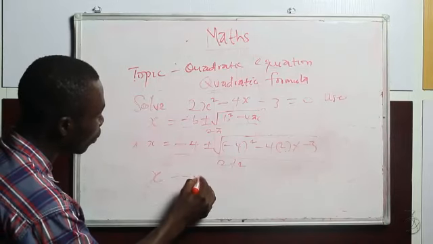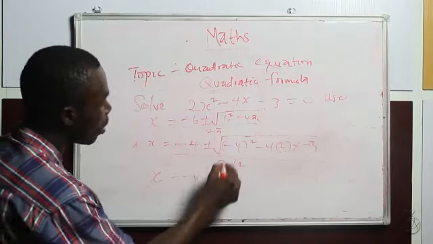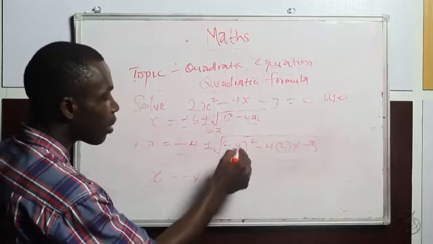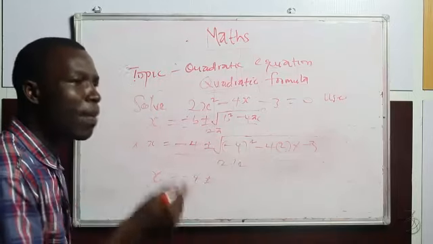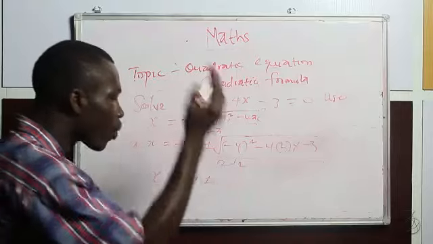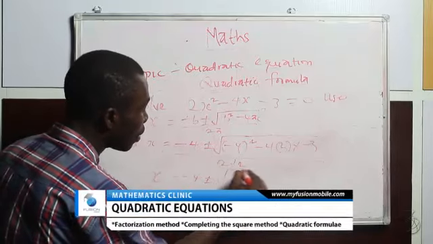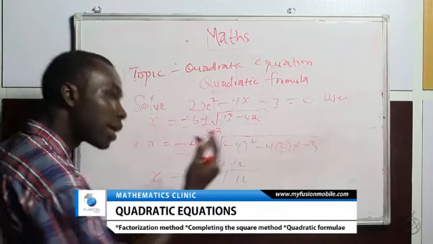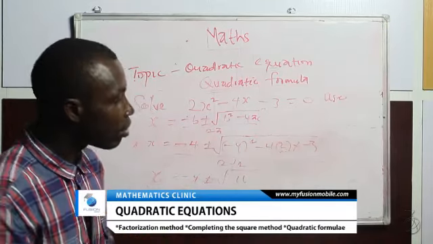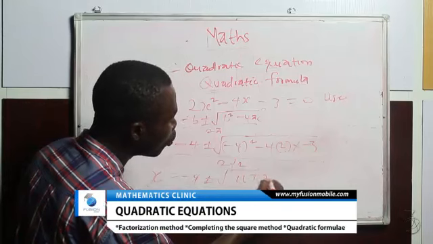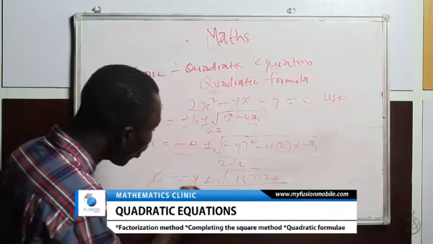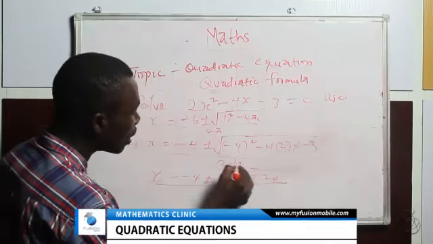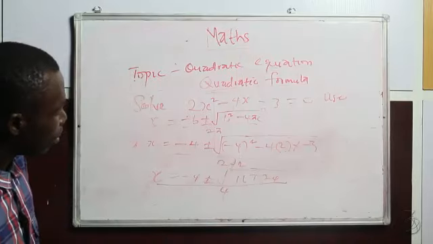Minus times minus is plus. 4 squared gives us 16, and minus 4 times 2, which is minus 8, times minus 3 gives us plus 24, all over 4. 2 times 2 gives us 4.